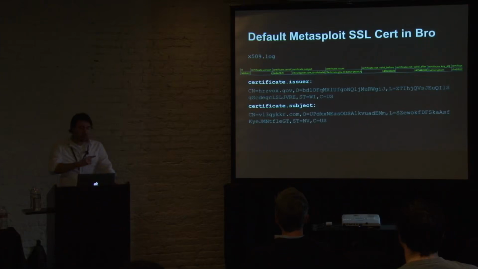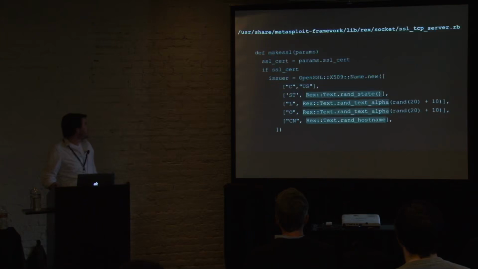This is what the Bro logs look like for the Metasploit randomly generated certs. You can tell it's obviously just completely random nonsense, like random.gov that definitely doesn't exist, in the state of Wisconsin, country code US.